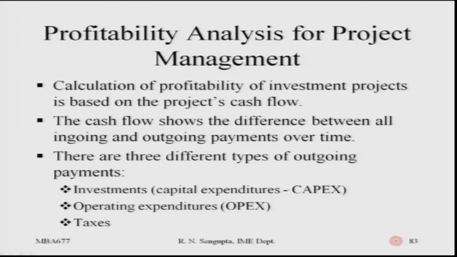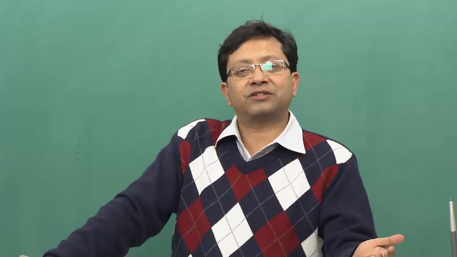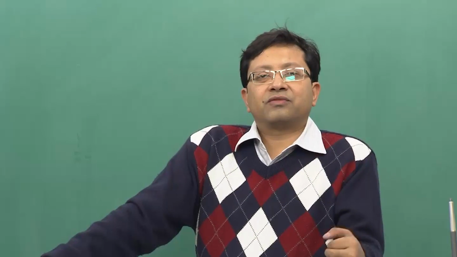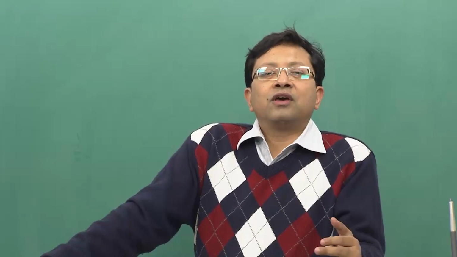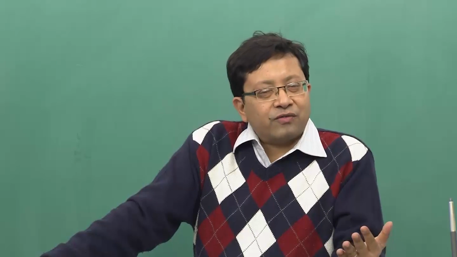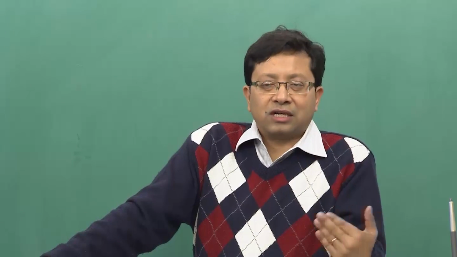The profitability analysis of the project is done such that the calculation of the profitability of the investment is based on the projected cash flow. So, you will try to find out the present value of the cash flow, the future value of the cash flow, and what concept of rate of return you will be using. Is it continuous compounding? Is it simple interest? Is it, say for example, compound interest?